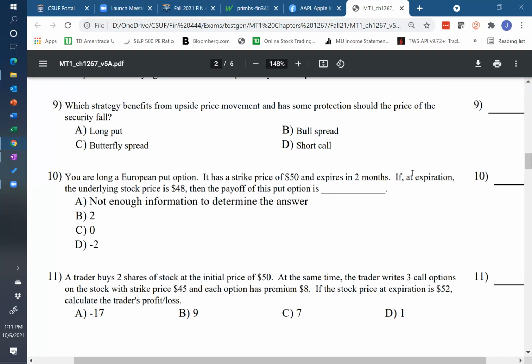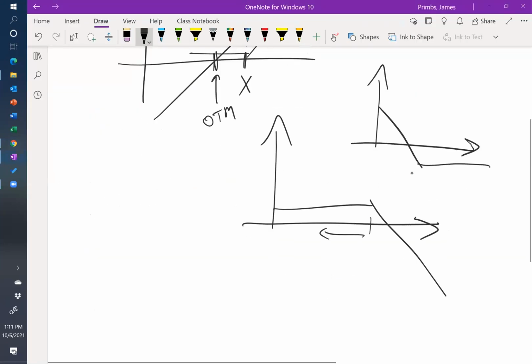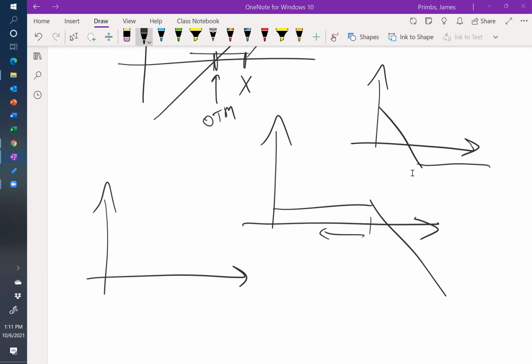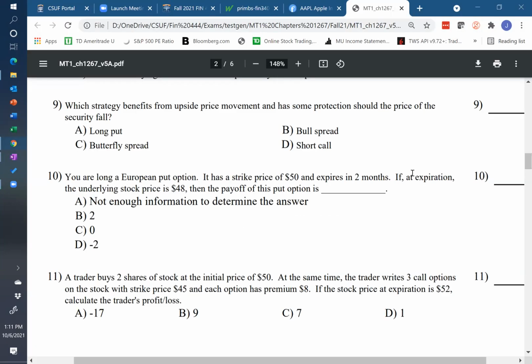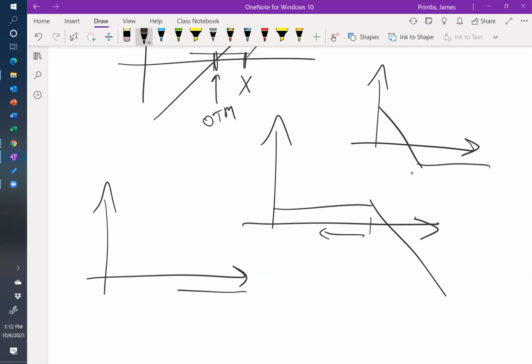If you're long a put, you're going to lose money. Which strategy benefits from upside price movement and has some protection should the price of the security fall? If you're long a put, you're long the put. This is what your profit or loss looks like, right?